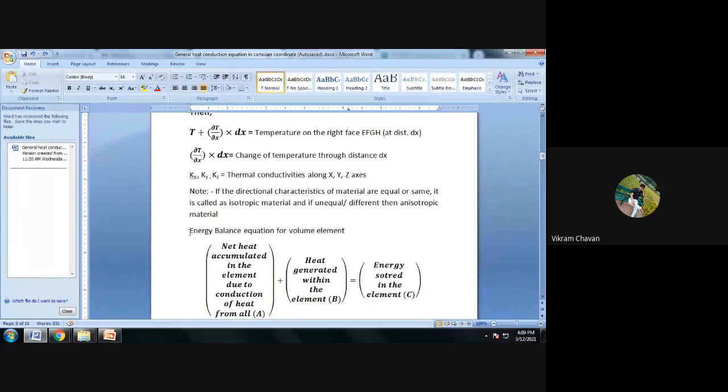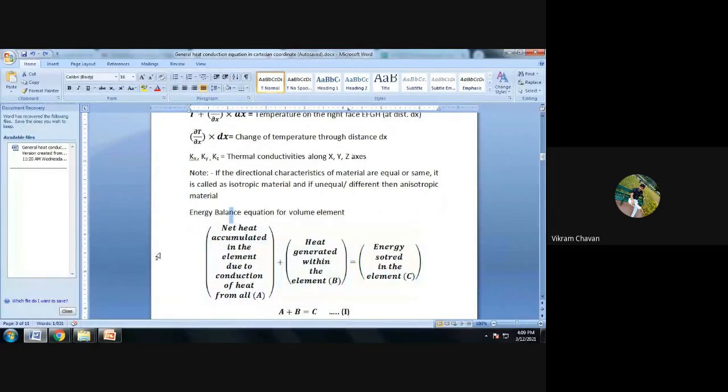Further, we have discussed the energy balance equation for the particular volume element. The energy balance equation consists of three parts. One part is the net heat accumulated in the element due to conduction of heat from all sides, plus the heat generated within the element, and the third part is the energy stored in the element.